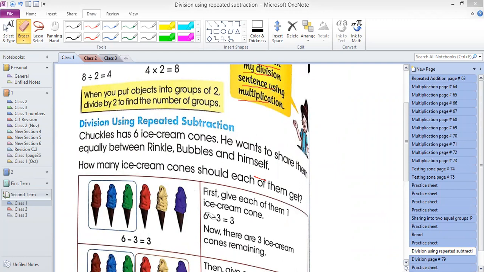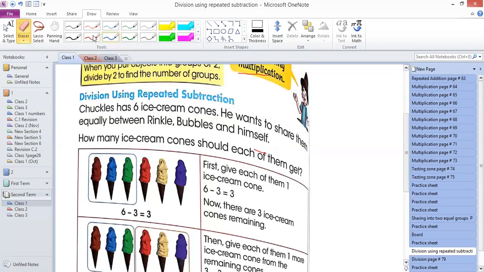Now we are going to learn division using repeated subtraction. This is the new method we are going to learn, how we can find the division by repeated subtraction. Let's take the example, guys.